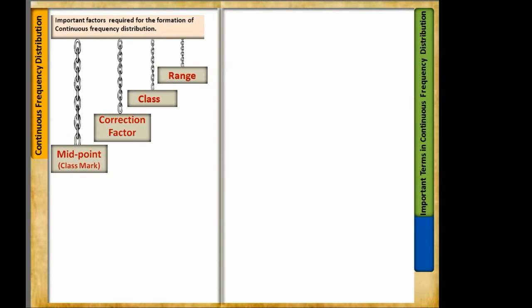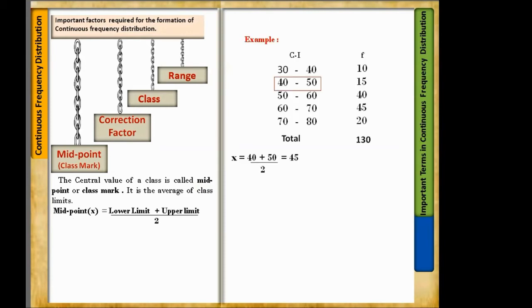Midpoint or class mark. The central value of a class is called midpoint or class mark. It is the average of class limits. Therefore, midpoint, x, equals lower limit plus upper limit divided by 2.